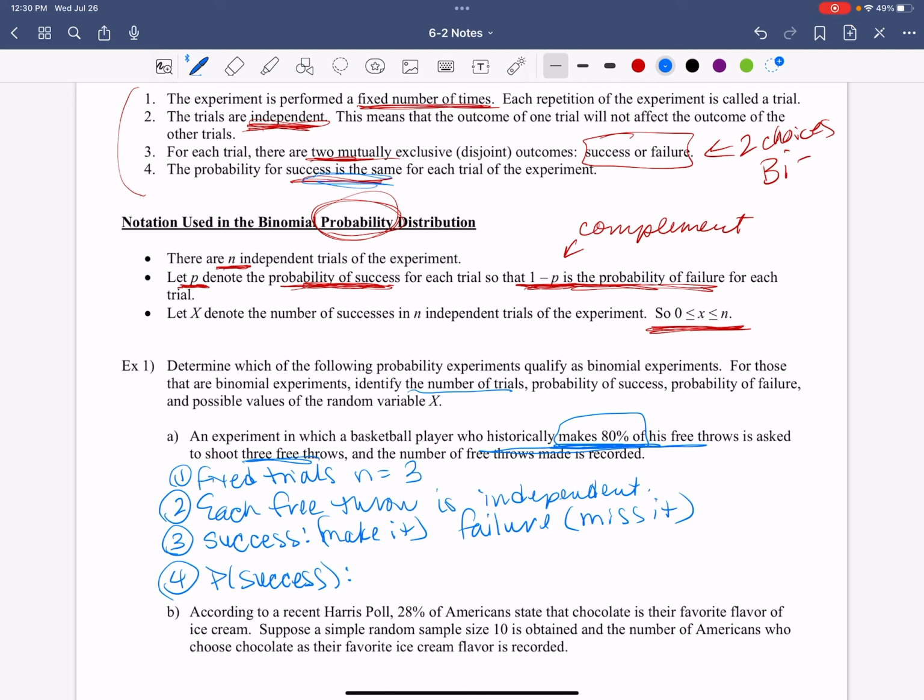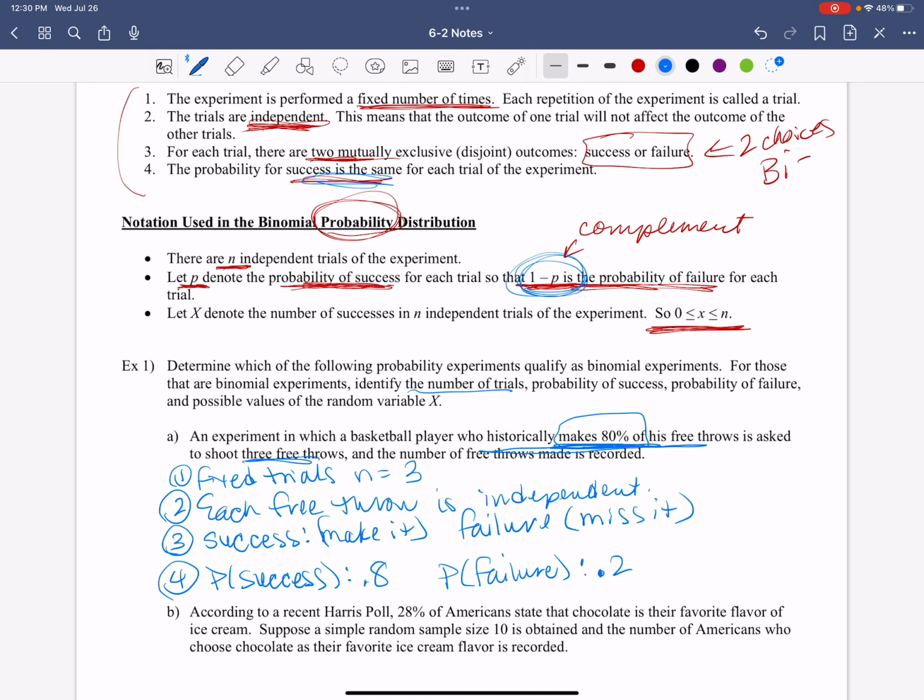So what's the actual probability that he's going to make it? 80%, so 0.8, or 0.80, same thing. Well, if the success is 0.8, what's the probability of failure? It's the complement. So if success is 0.8, failure is 0.2, because 1 minus 0.8 is 0.2.